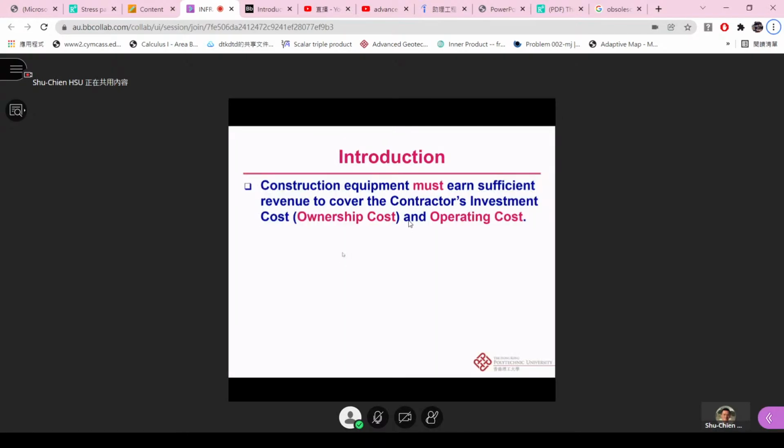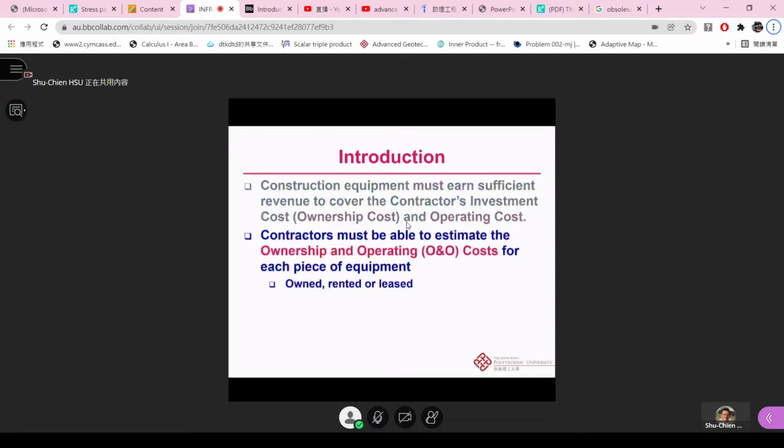But if they want to make such an investment, they really need to know that when they own this equipment and operate it, it will have certain costs. So the contractor must be able to estimate the ownership and operating cost for each piece of equipment, because different equipment, like I said with depreciation, has different characteristics.